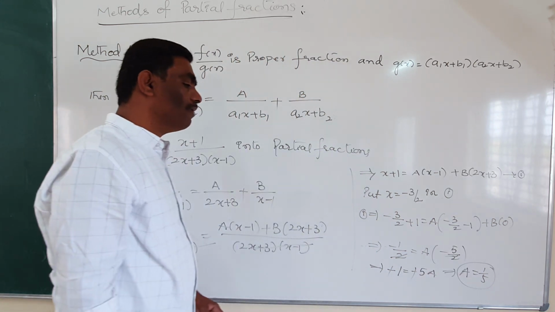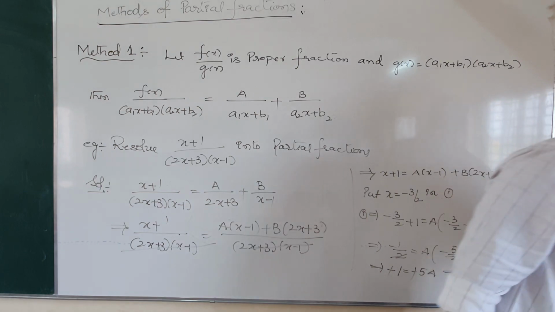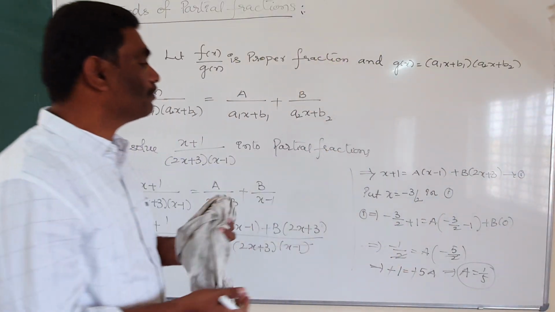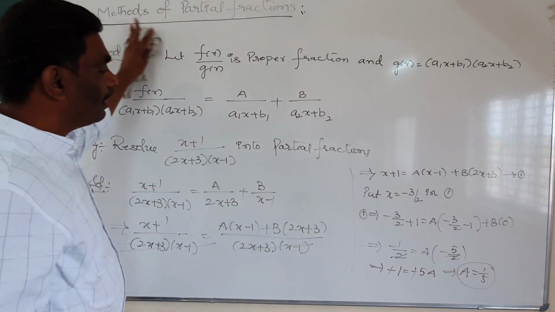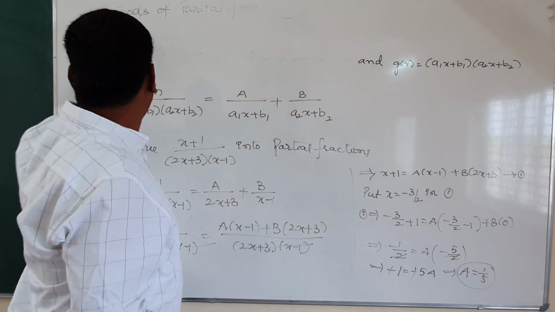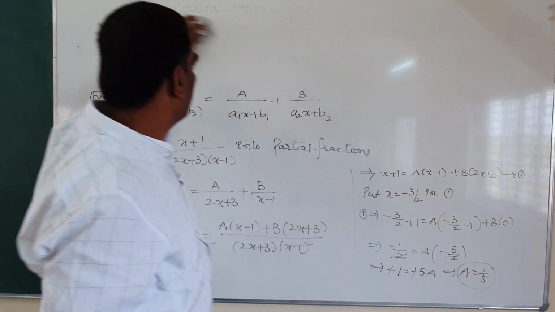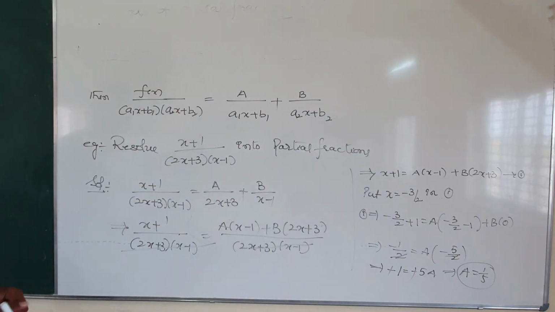To get the value of B, what do we have to do? What is the second linear factor of the denominator? That is x − 1. Suppose x − 1 = 0, then what is x? 1. That is the second substitution.